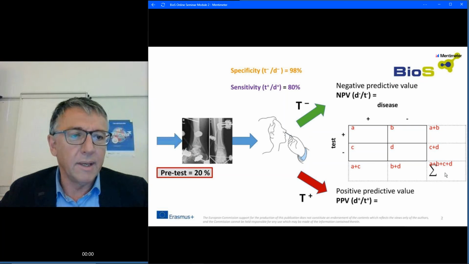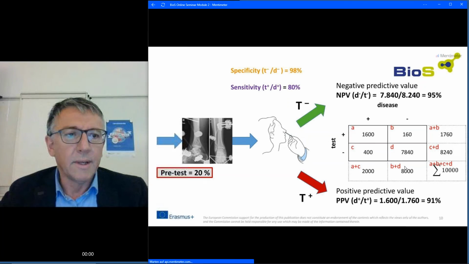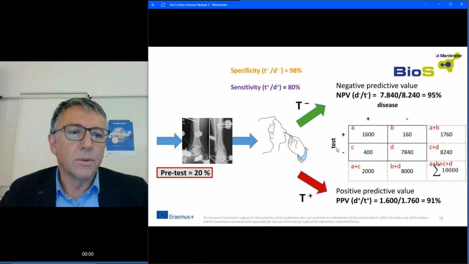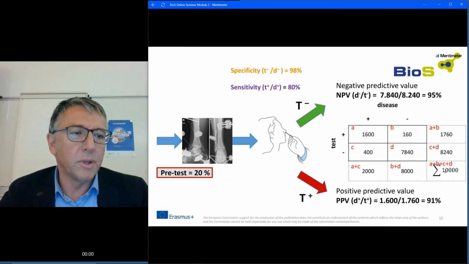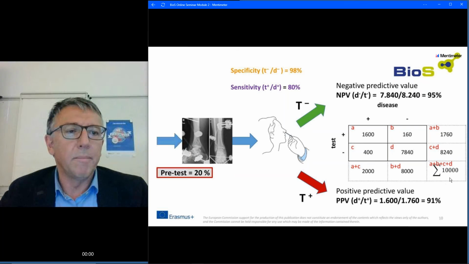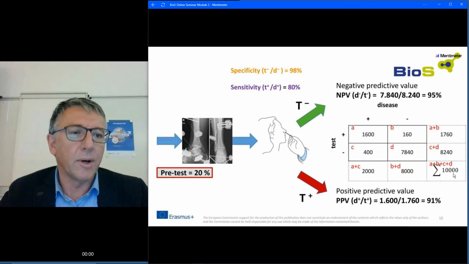I make up a number here and then do the calculation backwards from any number that can be put in here. To make it easier, I took a number that can be calculated easily, so it's 10,000. The prevalence is 20%, so 2,000 out of these 10,000 have the disease.